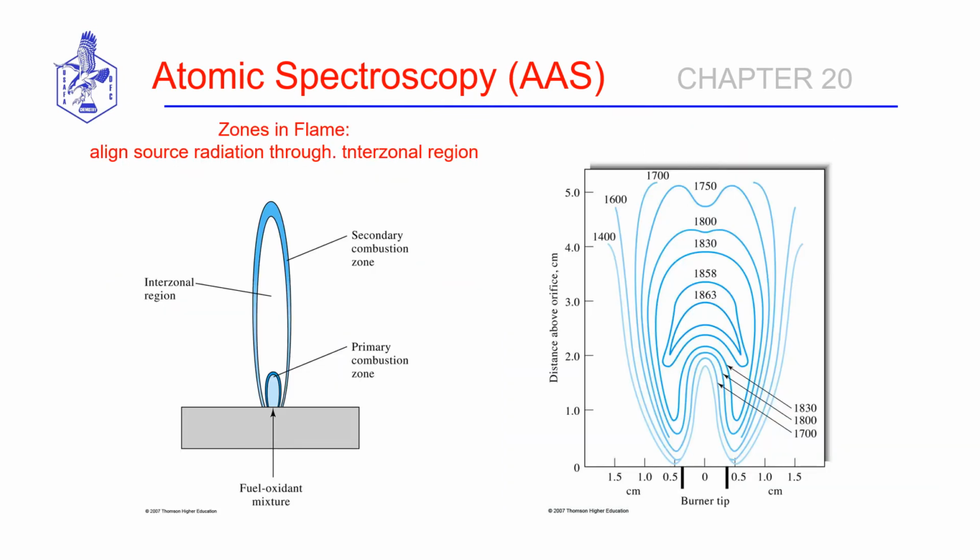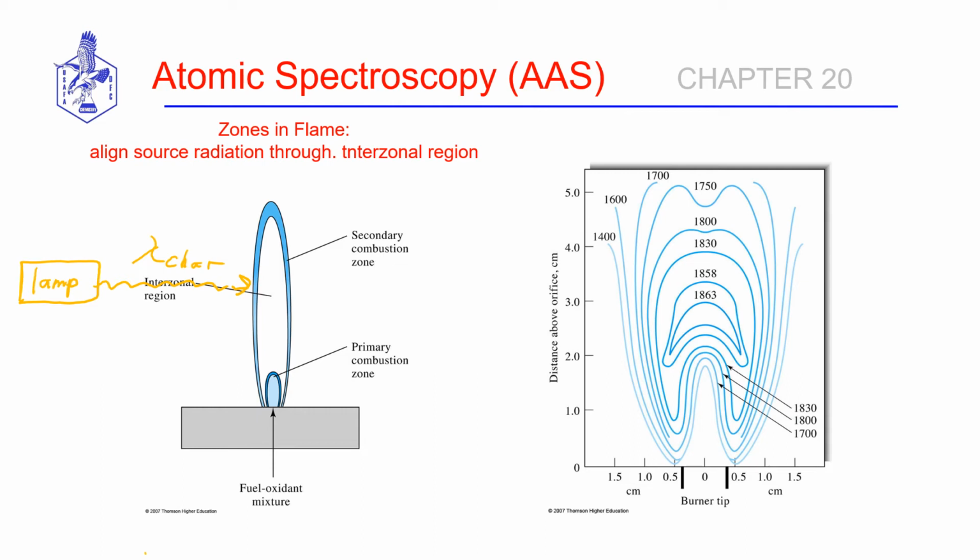When doing atomic absorption spectroscopy, we just need to be aware that we have to align our source lamp so that it is focused at the right part of the flame. So our hollow cathode lamp is out here, and it's emitting our characteristic wavelength for a particular element.